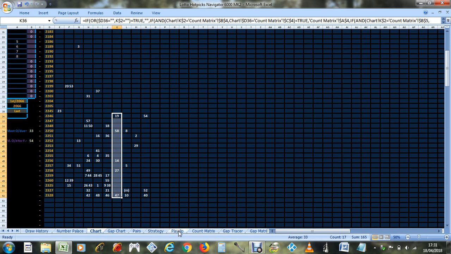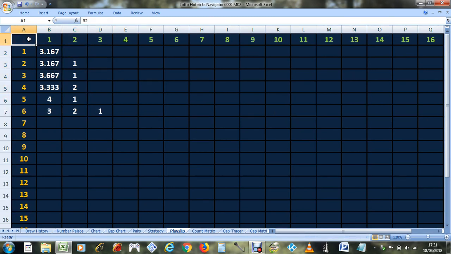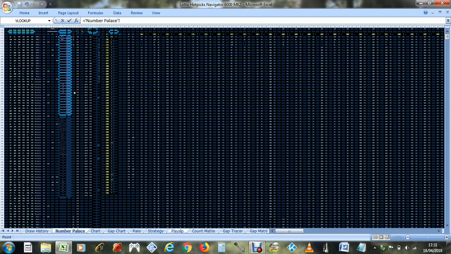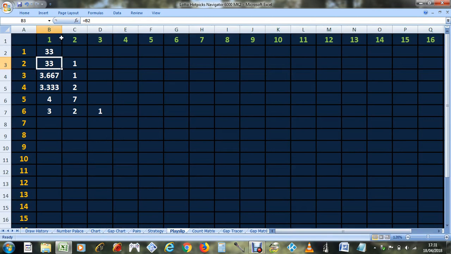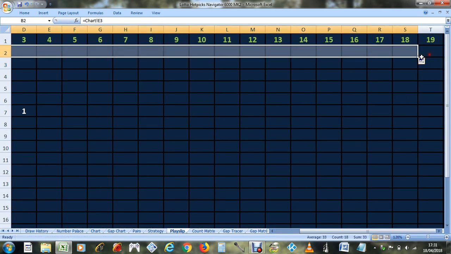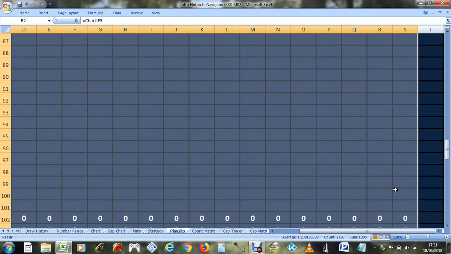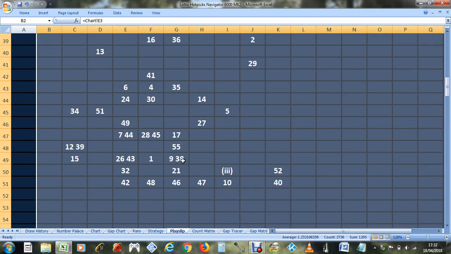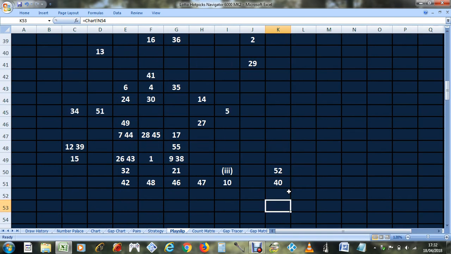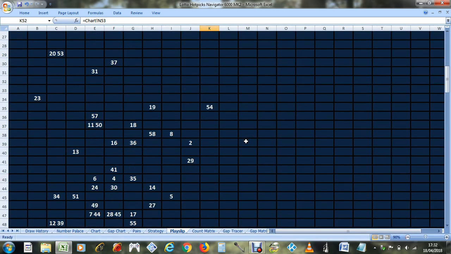So for example, I make a chart that basically is a copy of the main chart, and then I can use this to draw on and calculate the probabilities.